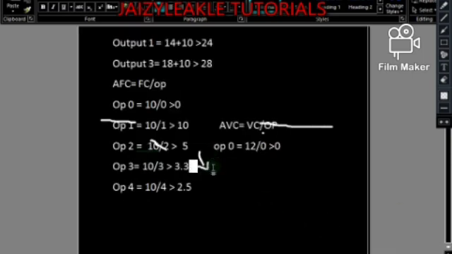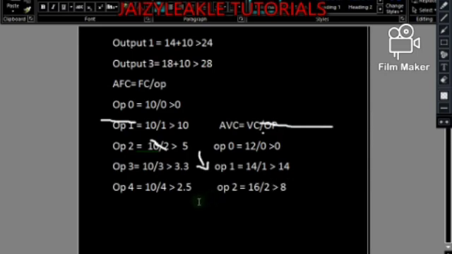So we jump to the next level. OP1 is equal to 14 divided by 1, so that is equivalent to 14 itself. Then we jump to the next one. OP2 is equal to 16 divided by 2, so that is equivalent to 8.